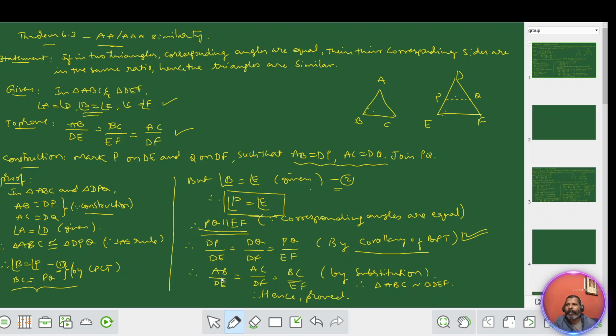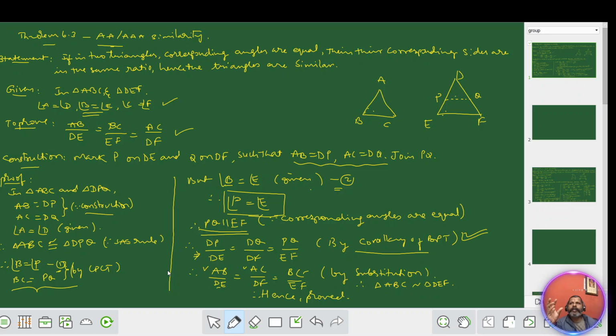So substituting that, instead of DP I write AB, instead of DQ I write AC, instead of PQ I write BC, and the denominators stay as DE, DF, EF. Check out what we want to prove and what we obtain now. They are the same.